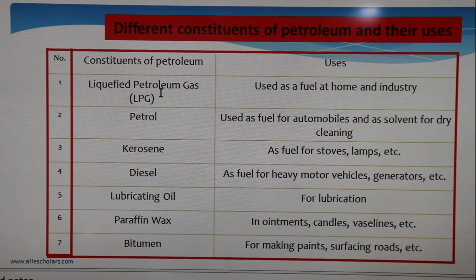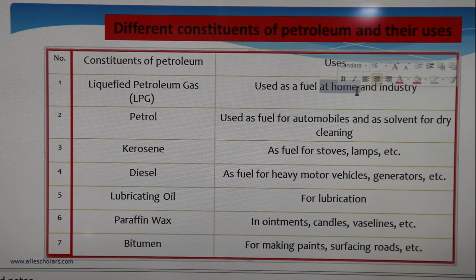Here is LPG. The full form of LPG is liquefied petroleum gas. This is the normal gas that we use at our home for cooking. Your mothers must be using gas for cooking. Which gas is that? That is LPG gas, liquefied petroleum gas. It is used as a fuel at home and even in the industries.